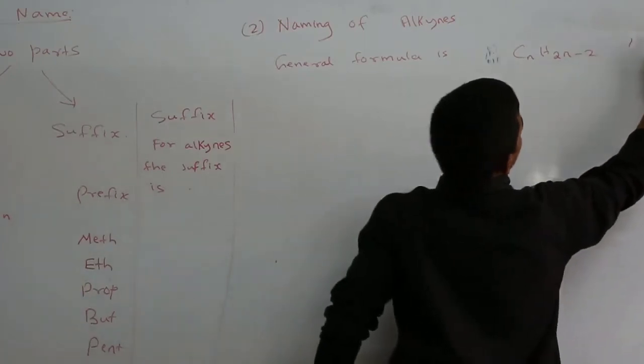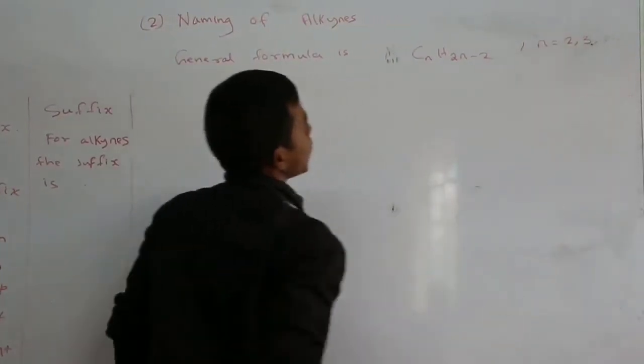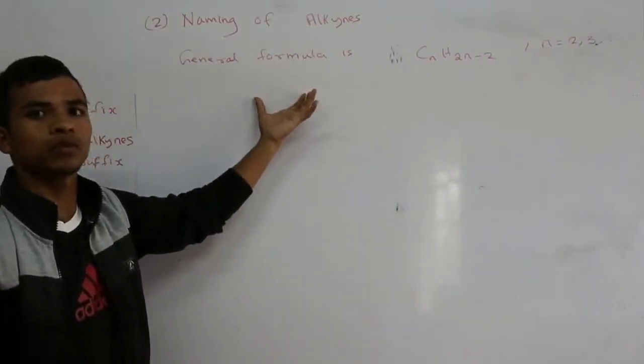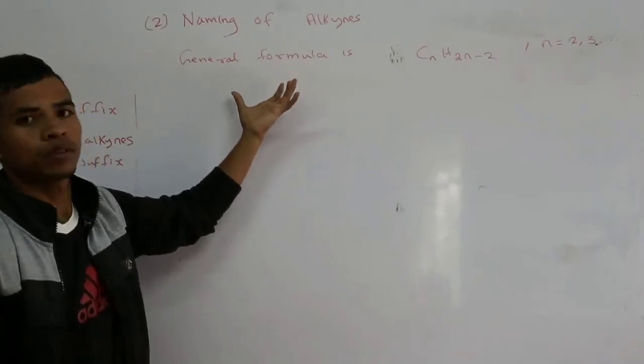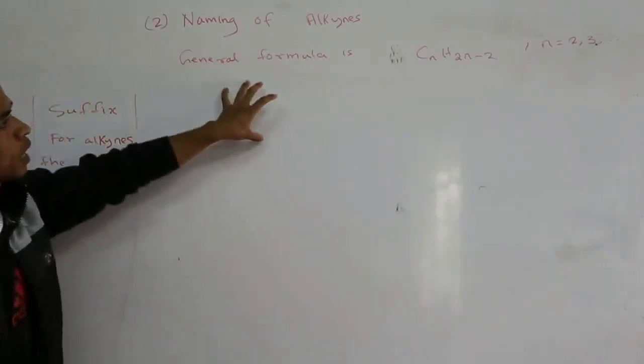And here also n starts from 2, 3, and so on. Here we cannot have n to be 1 because, as in the previous case for alkenes, n equal to 1 is not possible here. You can try for that.